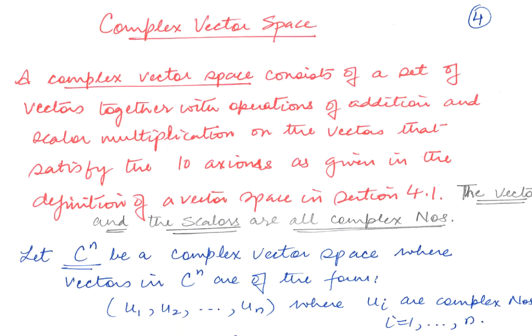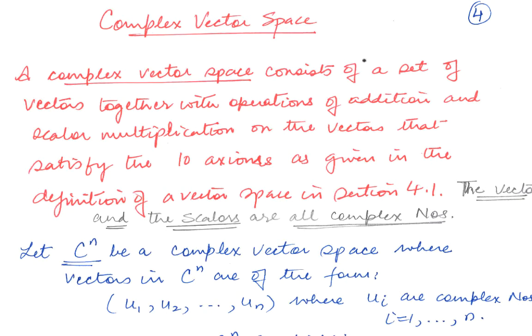Okay, here we go. A complex vector space. A complex vector space consists of a set of vectors together with operations of addition and scalar multiplication on the vectors that satisfy the 10 axioms as was given in the definition of vector space in section 4.1.